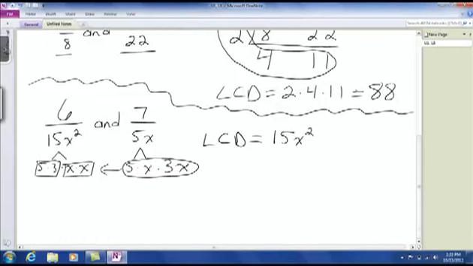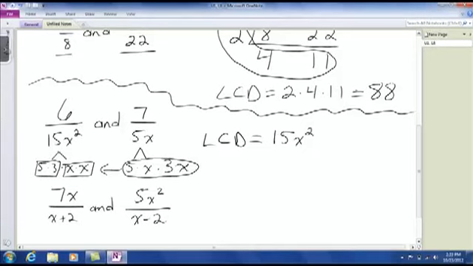Let's look at one more of these. So let's go 7x over x plus 2 and 5x squared over x minus 2. Now notice when we're looking at the LCD, we don't even care about the numerators right now. We don't care what's on top.